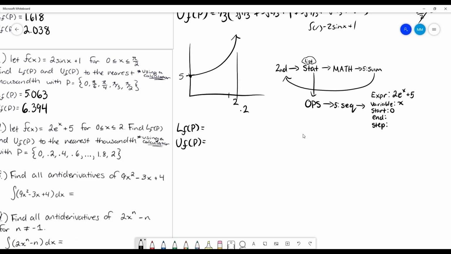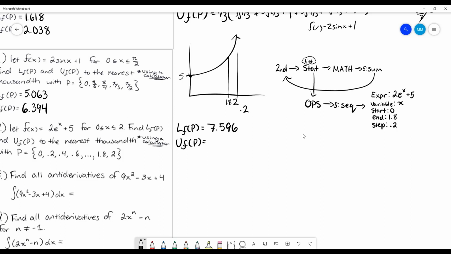We're only going to end up going up to this 1.8 when we're using that height there. So at end, I'm going to type in 1.8, and my step is 0.2. And then if I press paste and then enter so it runs, that's going to give me something like this. That's just me rounding to the nearest thousandth.